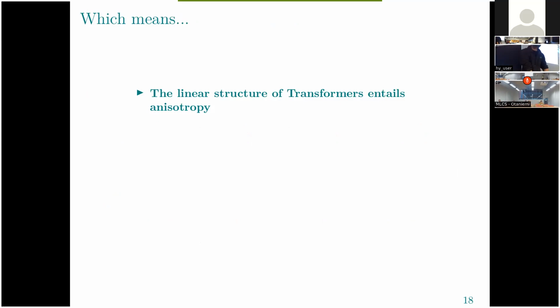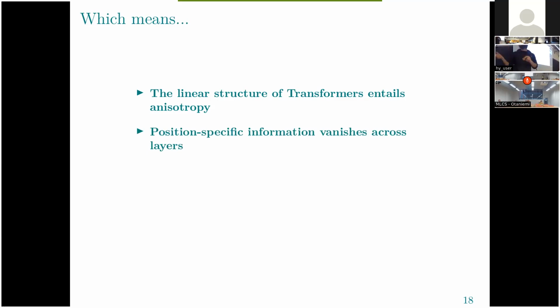Okay, so I'll just conclude with a few words on that section, and I'll then skip to the conclusion to have some time for questions. What we highlighted here is that if we just decompose the transformer according to the linear factors that it contains, we have some explanation as to why we find anisotropy in the output embeddings. We also saw that position-specific information, the information about the word that you have at that specific position, tends to vanish across layers.